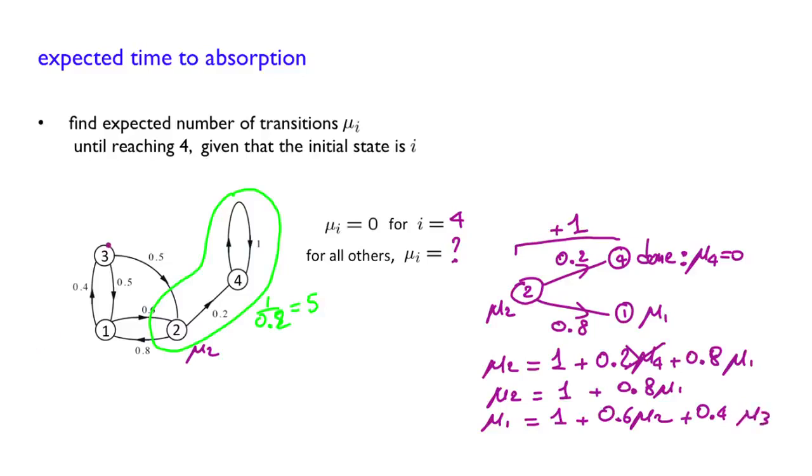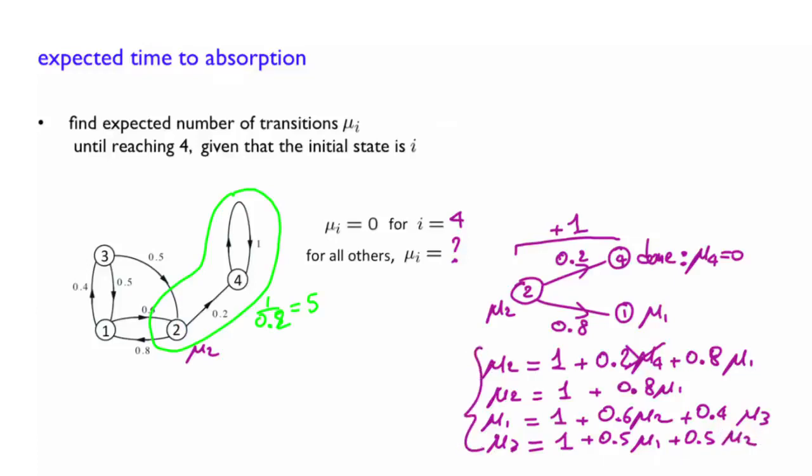And from 3, if you start in state 3, after one transition, what happened? Well, with probability 0.5, you would end up in state 1, and then the expected number of transitions from state 1 until reaching 4 will be mu1. Or with probability 0.5, you end up in 2.